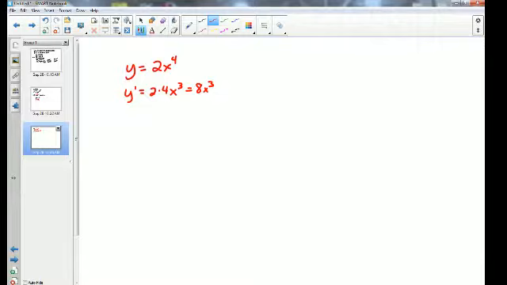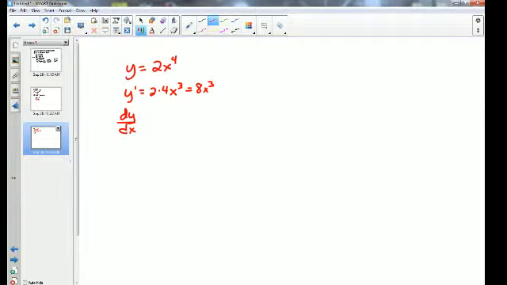I can also write this. There are three ways we can write the derivative. We've seen f prime of x, right? You see y prime. The other way is the derivative of y with respect to x.